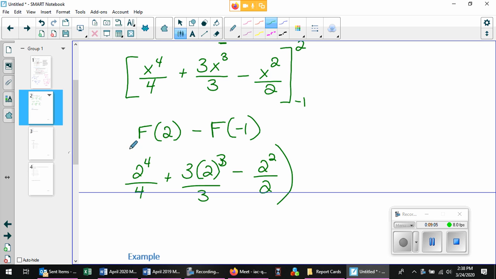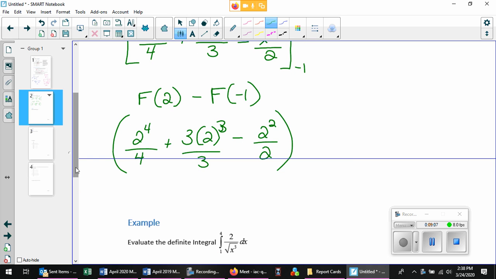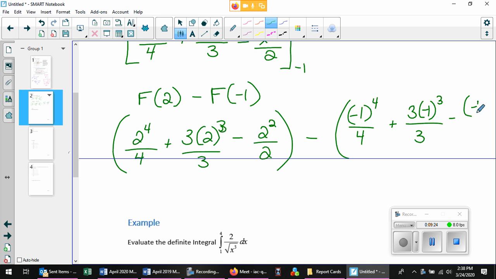Now notice my brackets have changed to round because I'm evaluating. I'm writing way too big because I'm running out of room. So I've got -1 to the exponent 4 divided by 4 plus 3 times -1 cubed over 3 minus -1 squared over 2.